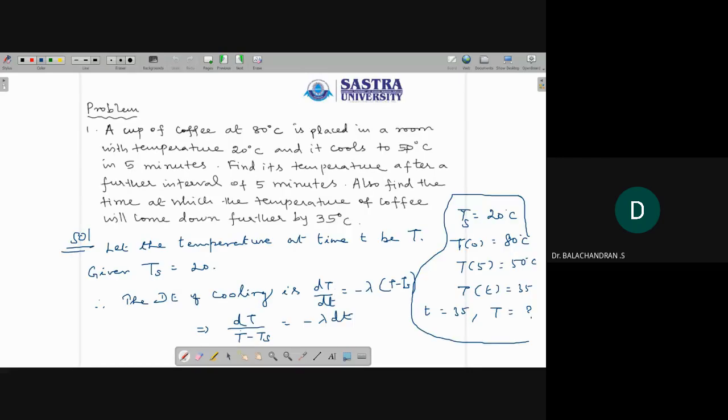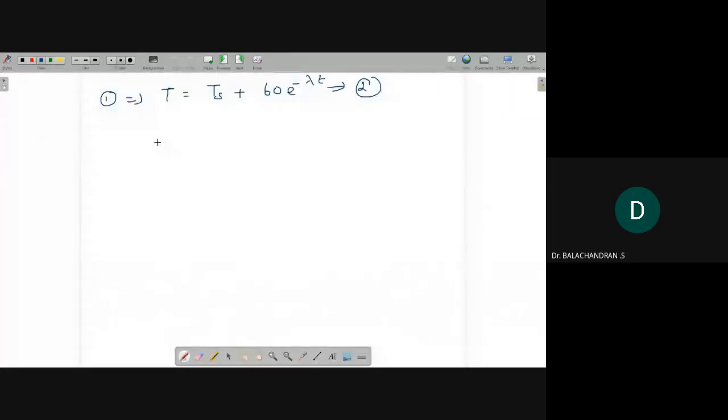And it cools to 50 degrees Celsius in 5 minutes. That is, at t = 5, the temperature is 50 degrees Celsius. So when t = 5, T = 50 degrees Celsius.